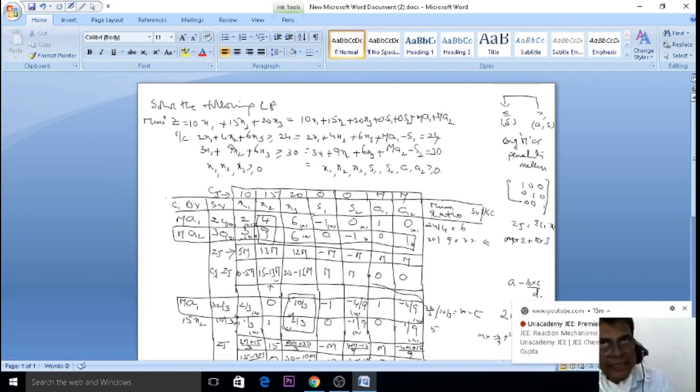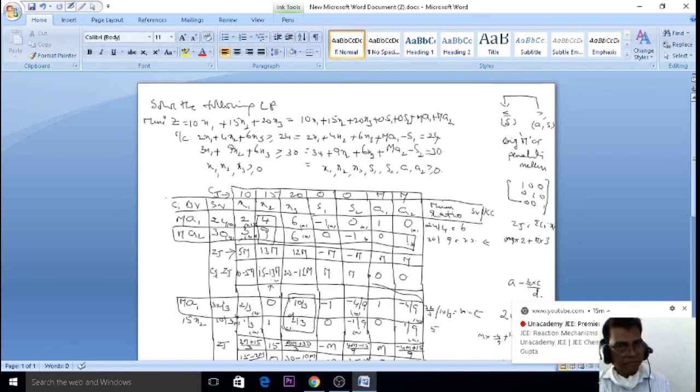In maximization cases, all constraints are less than or equal to; in minimization, greater than or equal to. For greater than or equal to inequality, artificial variables and slack variables automatically come in. If artificial variables enter the tabular form, the Cj row value is M, which is called the big M method or penalty method.